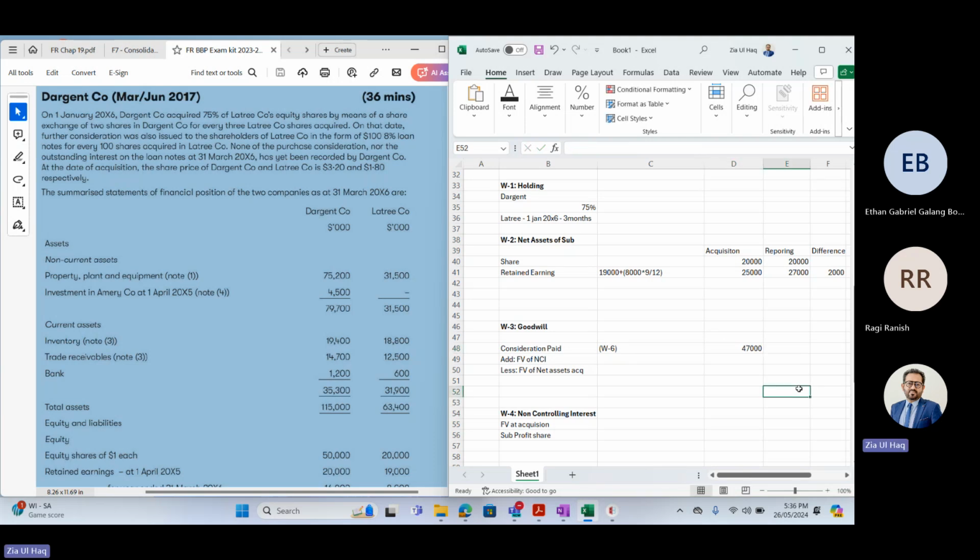Yeah. So this first paragraph is done. And there is a share price of Lottery Company also given. And they don't mention share price without any reason. Let's see where we can use this information. Okay. So let's move forward.